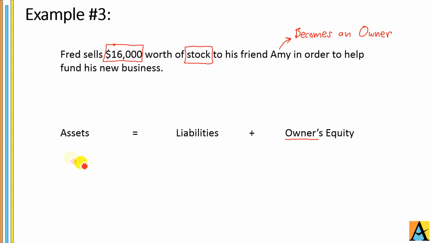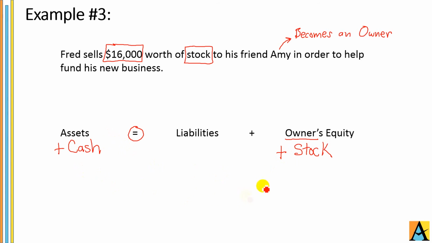So when Fred sells Amy the stock, she's going to give him the cash to help fund his business. As a result, the owner's account, what Amy owns in the business, will go up. What's happened to one side of the equal sign must happen to the other.